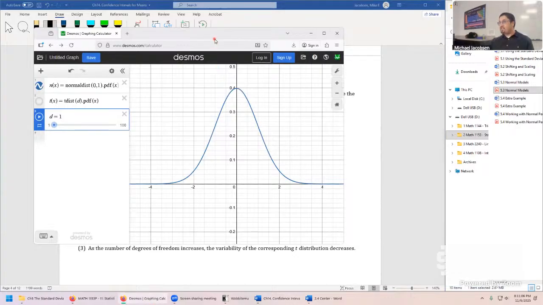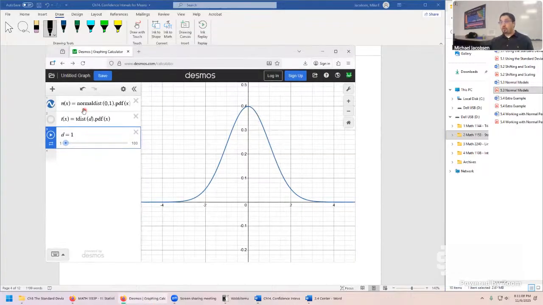Here are our quick graphs. The blue curve is just the ordinary normal distribution with a mean 0 and standard deviation of 1. If we're doing a 95% confidence interval, then we would go from a number that's about 1.96.